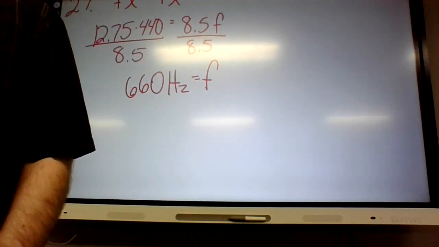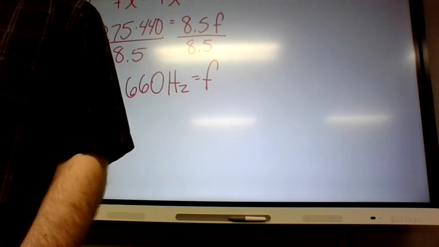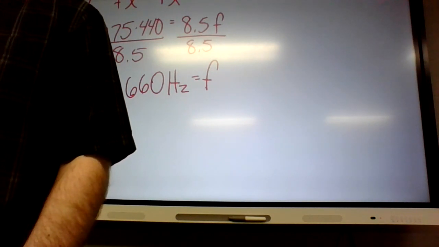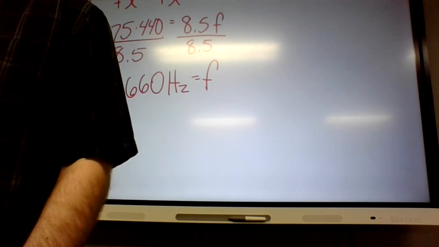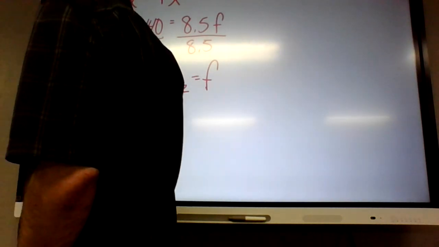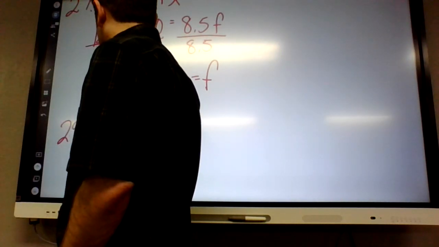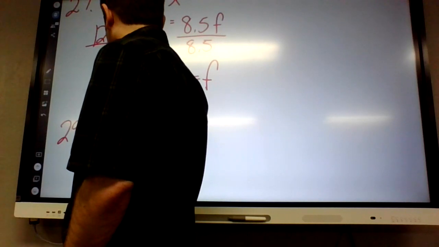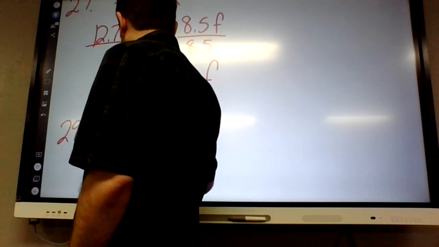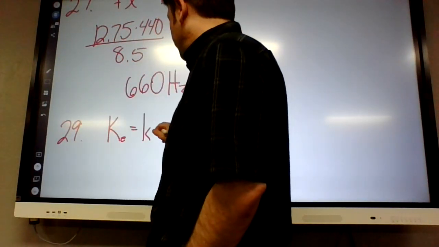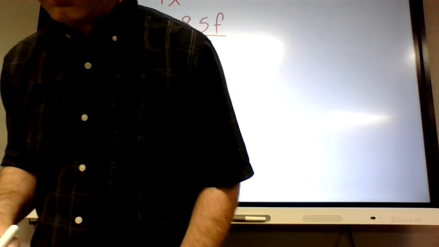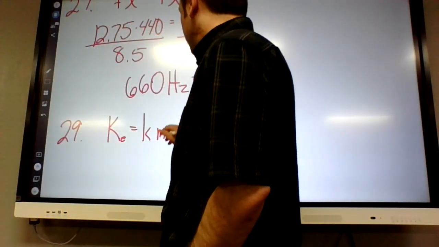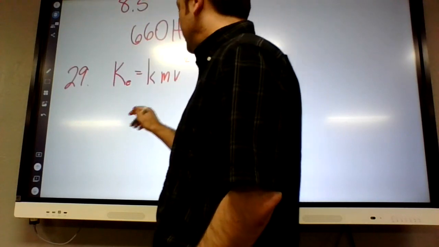Wow. 29. An object's kinetic energy varies jointly with its mass and the square of its velocity. So, kinetic energy, well, okay, it's a K, varies jointly with the mass and velocity squared. But actually, I don't need that version.